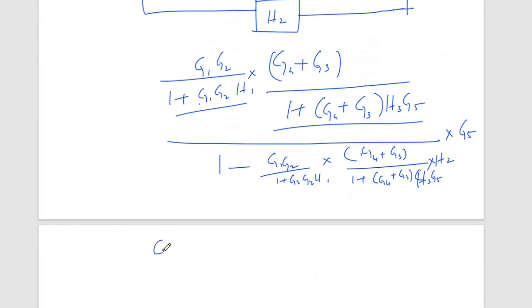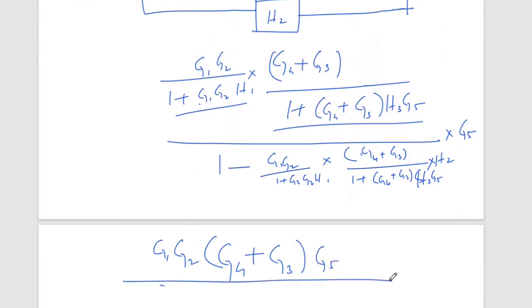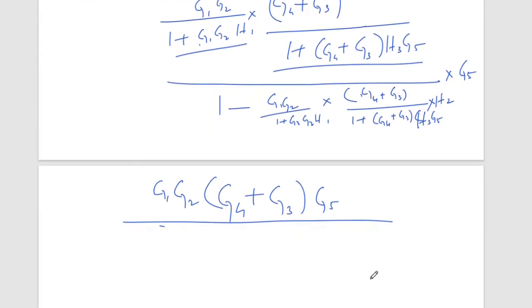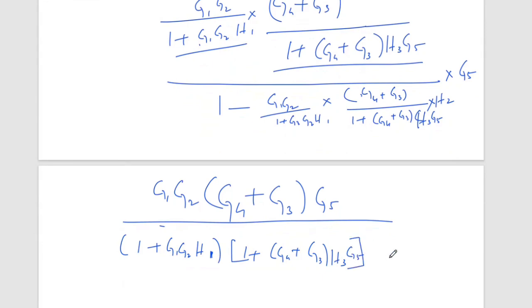So it will be G1 G2 into G4 plus G3 into G5, divided by 1 plus G1 G2 H1 into 1 plus G4 plus G3 H3 G5, minus G1 G2 into G4 plus G3 H2.